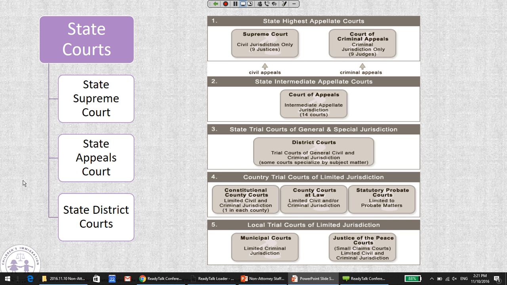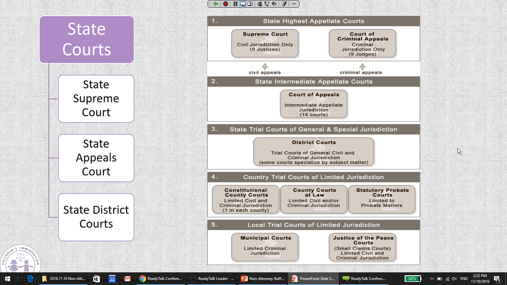You can see here at number 3, state trial courts of general and special jurisdiction. And then in this parenthetical here, some courts specialize by subject matter. Well, that's the level that most of our cases play out at, and that specialization by subject matter is your family court or juvenile court. They've got judges who specialize in those areas.